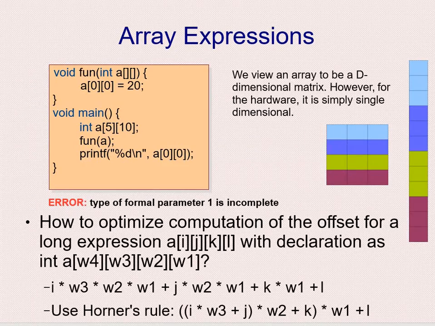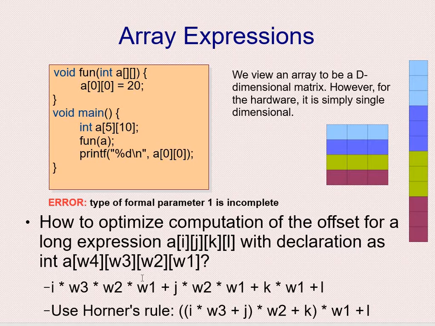Next, if we have an array and we want to optimize, how do we optimize the computation of an offset for a long expression? Suppose we have an expression with the declaration as integer, a 4D array.